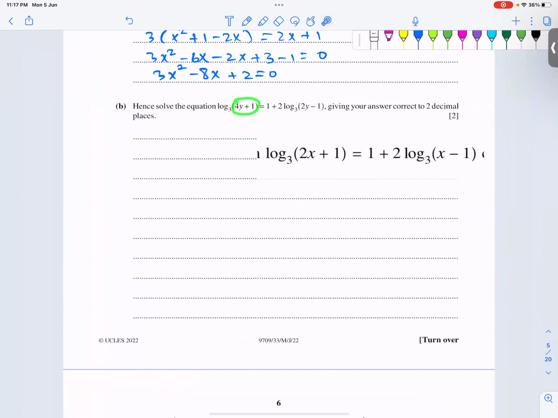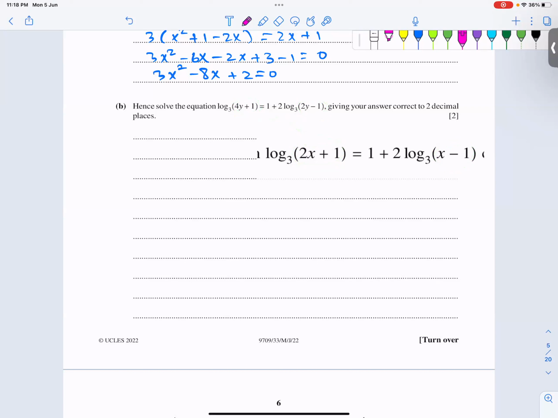Here we have 4y plus 1, here we have 2x plus 1. And on the right side, here we have 2y minus 1, and there was x minus 1. So I need to find the relation between x and y. There are multiple ways.